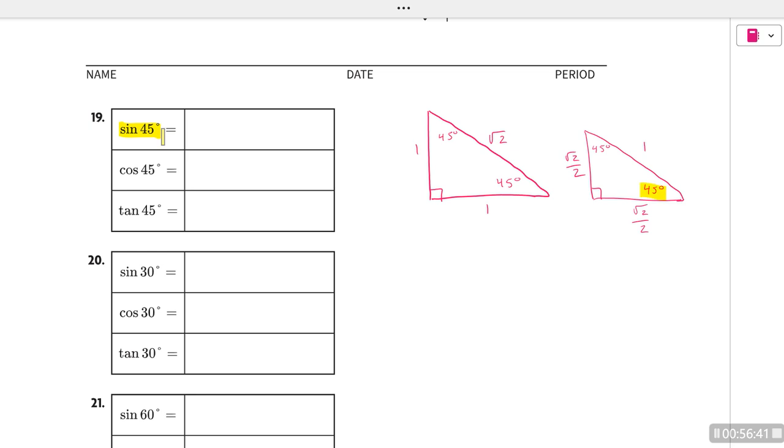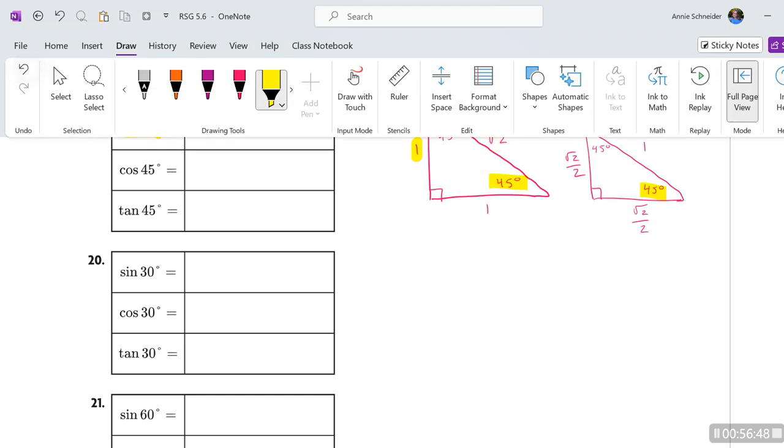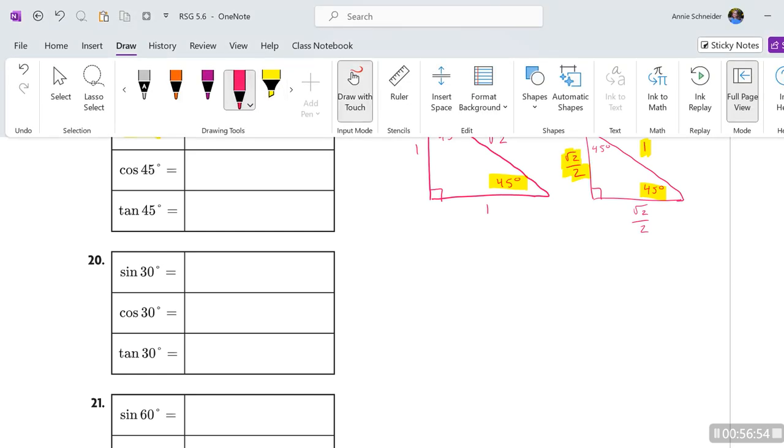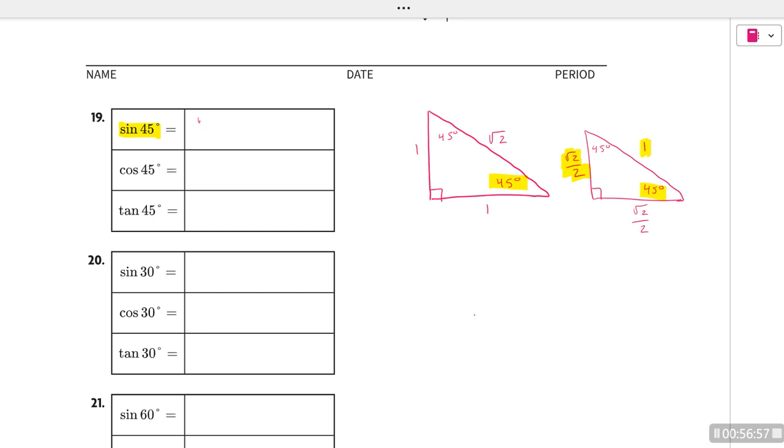So let's say we're looking at this 45 or this 45. We could say opposite is 1 over square root 2. That one's not going to be rationalized for us. So instead, if we look at square root 2 over 2 divided by 1, then we don't have to do any algebraic work, right? Square root 2 over 2 divided by 1 is just square root 2 over 2.